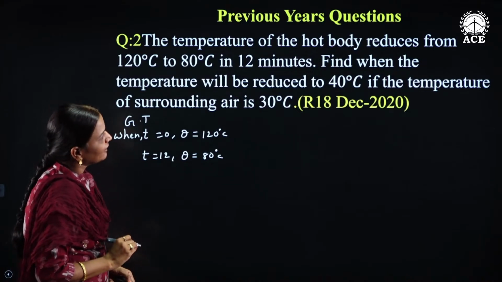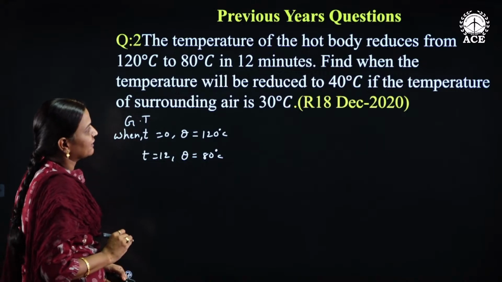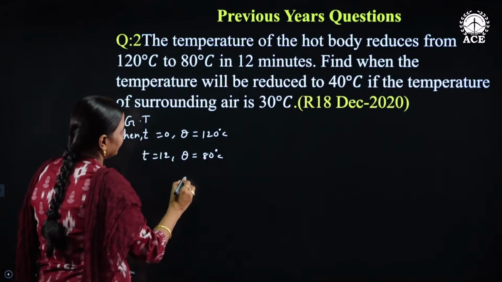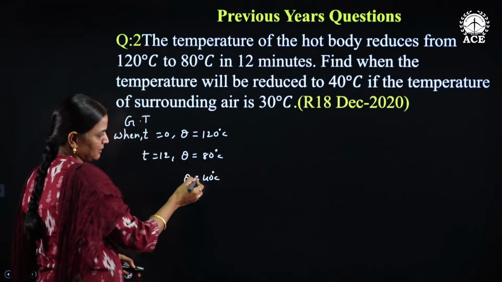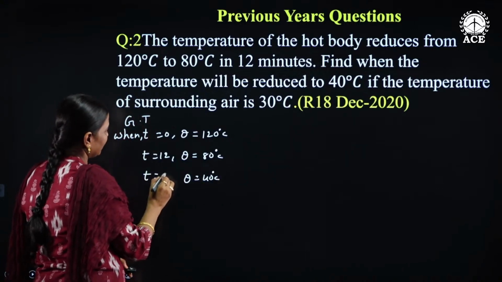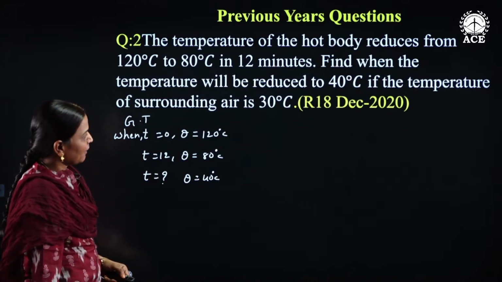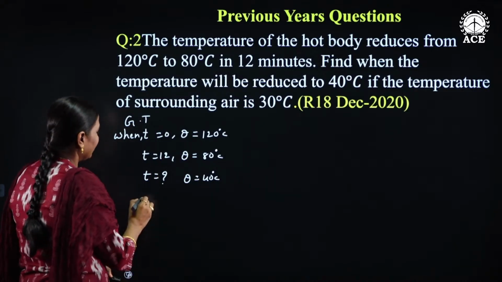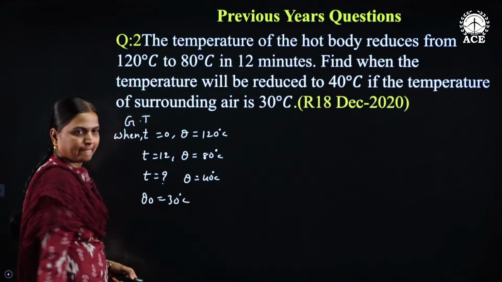And what we have to find? Find when the temperature will be reduced to 40 degree centigrade. When the temperature of the body is 40 degree centigrade, we have to find this time. And what is the temperature of the surrounding air? Theta naught is equal to 30 degree centigrade.